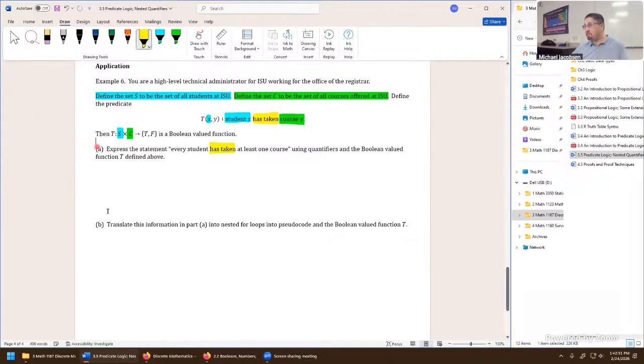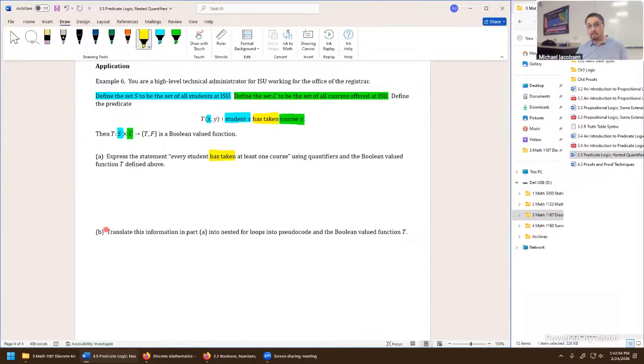And just for the sake of not making this problem too long, it's not completely precise what we mean by has taken, but when I was writing this problem, I was thinking of it to mean the course is completed and a letter grade assigned, which is a whole different function mapping, assigning the letter grade to the student relative to a course.